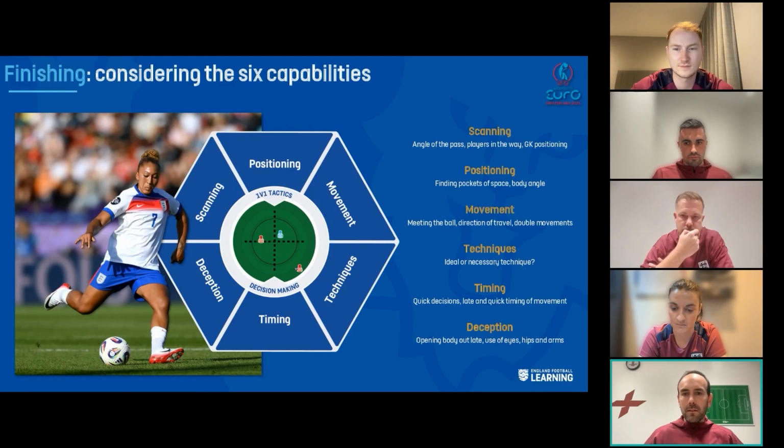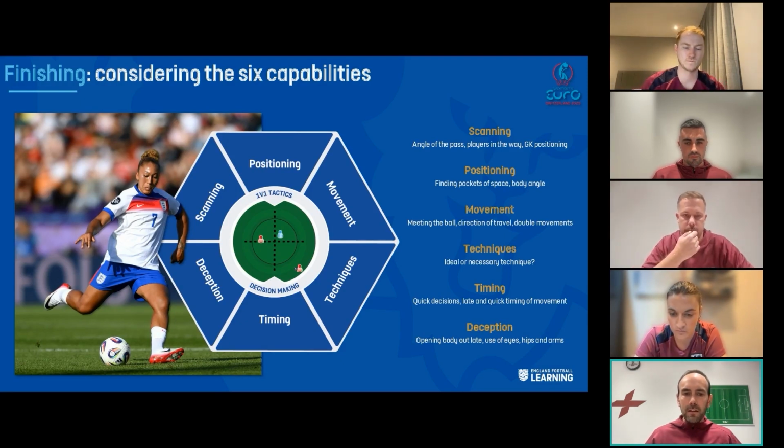So when we thought about these in terms of linking it to these 6 capabilities, when we're looking at our young players coming through right now, I think scanning really sat around trying to identify and understand where the spaces are to exploit first and foremost, what the defensive shape looks like, where your supporting players are, and how our players were able to assess what we're doing with the ball, and then how they could exploit spaces, how they could understand where they could gain an advantage in and around those areas of the box where you can see there's a real high value in determining which parts of the area they can get into to affect the goal.